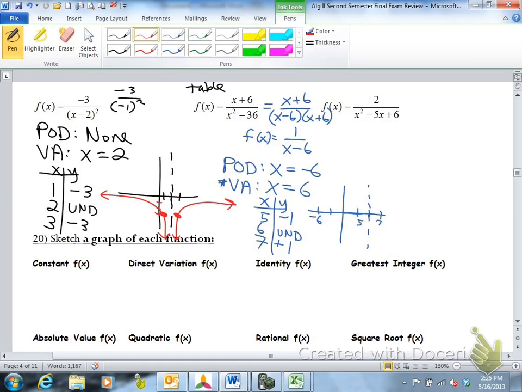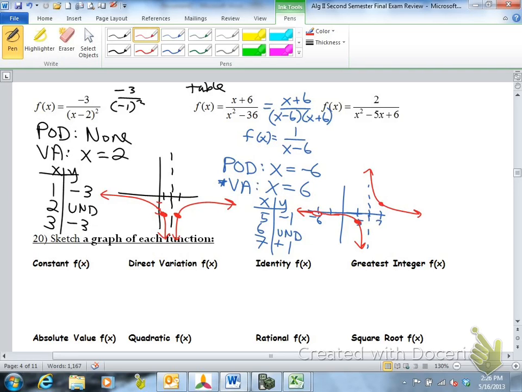Remember to graph the point of discontinuity. This scale is not very good. We'll just say that those are the actual numbers, just so I can fit it on there. So at negative 6, we have a point of discontinuity. Where's the point? -1. Also 1. So like that, and then this side looks like that.